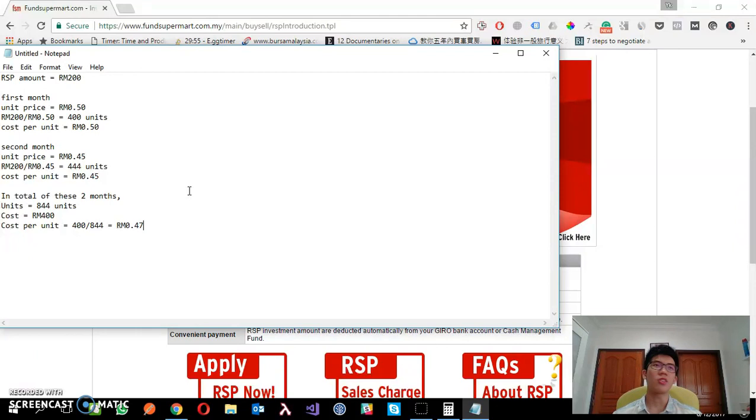What I mean is, if you are using RSP, you don't need to care about the unit price for this month. You just invest a certain amount every month, and this trick will do it for you. But keep in mind that this has to be consistent, so I advise you to invest for a period of at least 5 years to actually see the result.